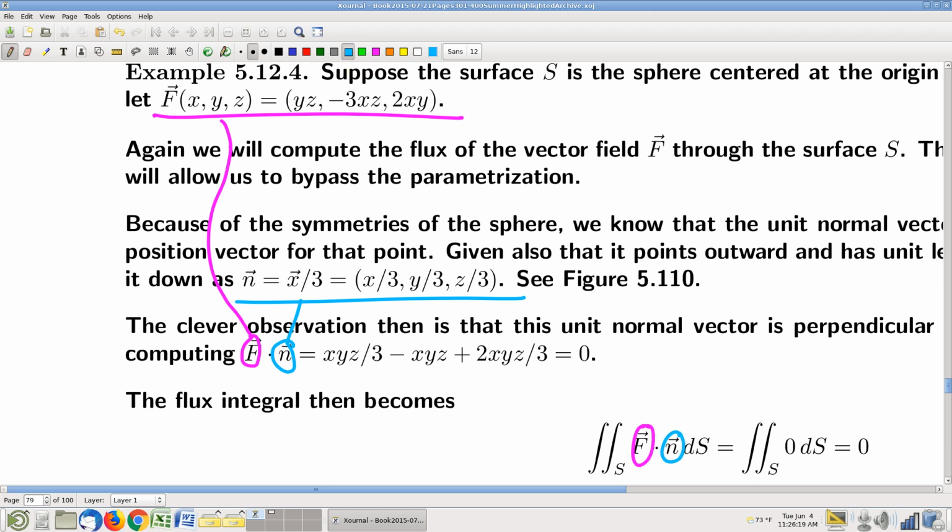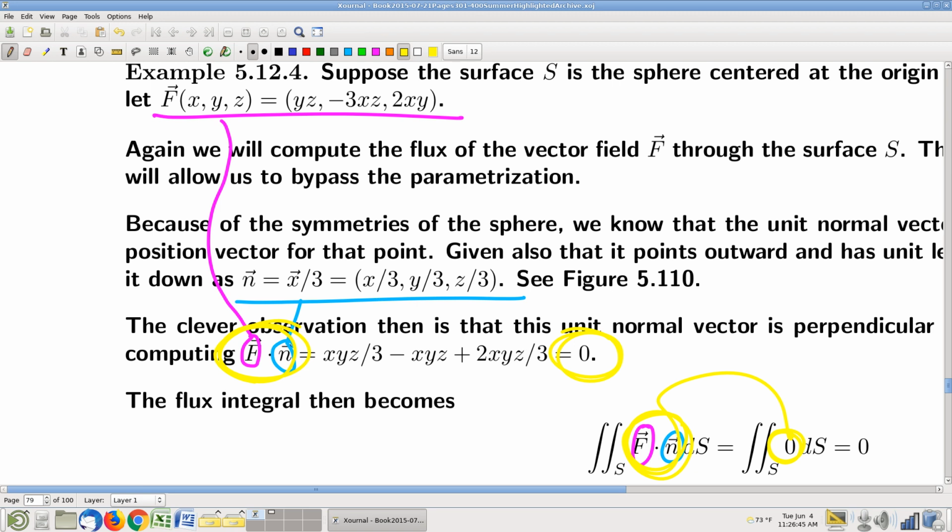In this unit vector formulation of the flux integral, you can just compute that dot product. And it's 0, which is an immediate observation, and therefore we're doing a double integral of 0, and that adds up to 0.